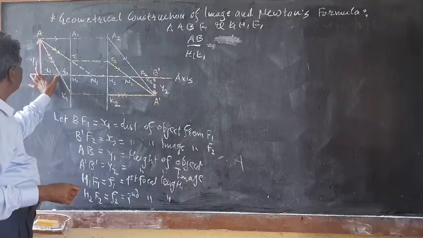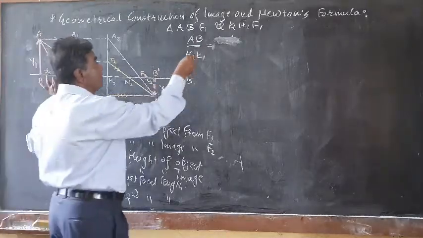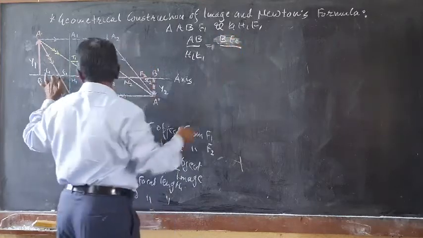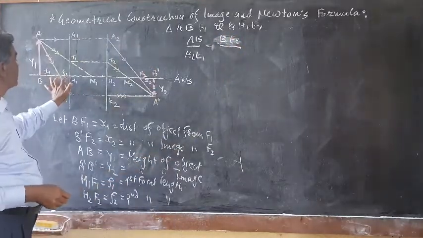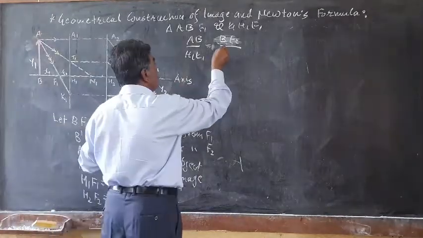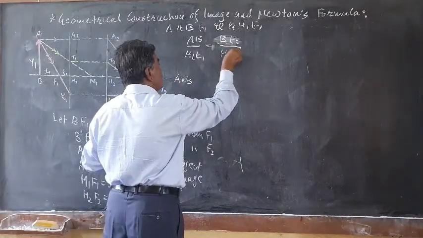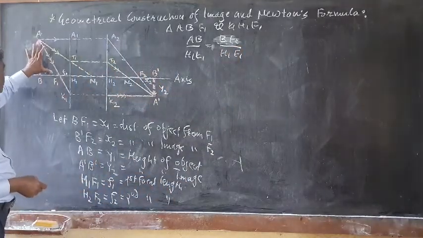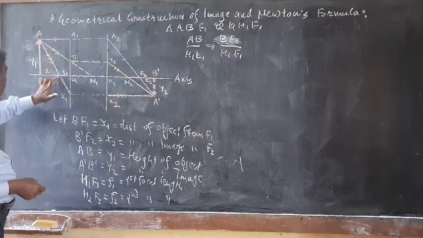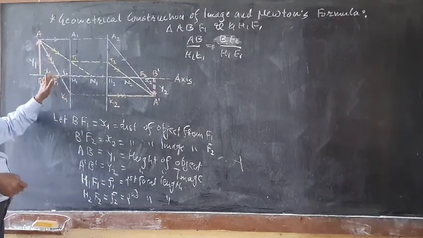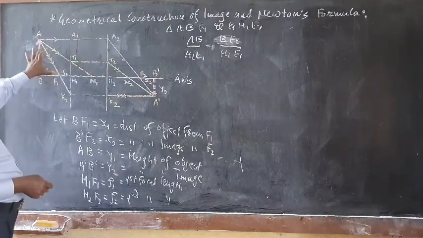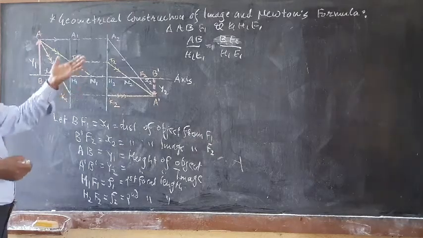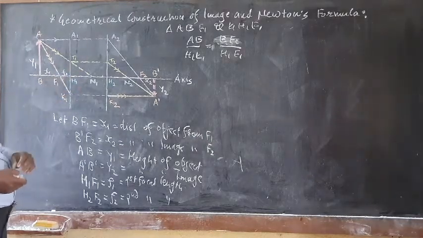Similarly, for the big triangle, this side BF1 divided by the corresponding side H1 F1. So we can write like this ratio. Similarly, also the hypotenuse A F1 divided by K1 F1. We require only that ratio; the ratio of the third sides of the two similar triangles is also equal, but we cannot take that into account. We require this much, it is sufficient.